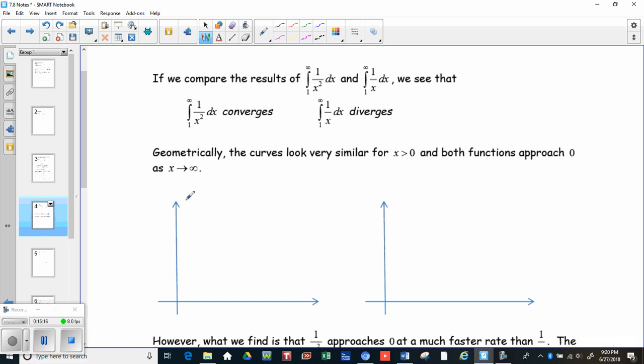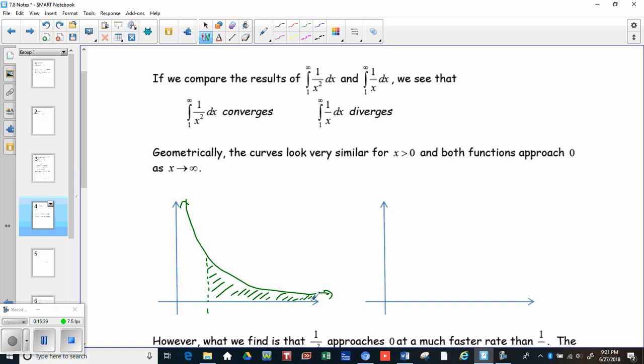Let me see if I can draw it better this time. Okay, take my time and I can do a little bit better. 1 over x squared looks like this. So again, if we start at 1, and technically we're going off to infinity here.